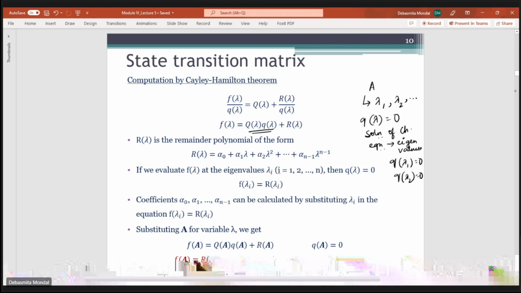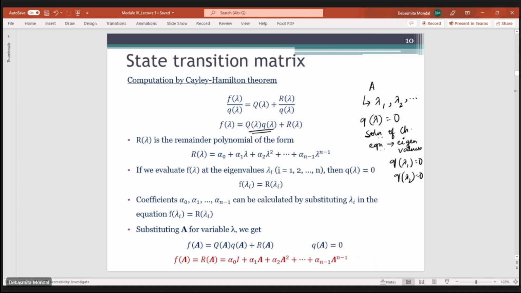Similarly, instead of using lambda i, if you substitute the matrix A, you can write from this equation that f of A equals Q of A multiplied by small q of A plus r of A, which is given by this.